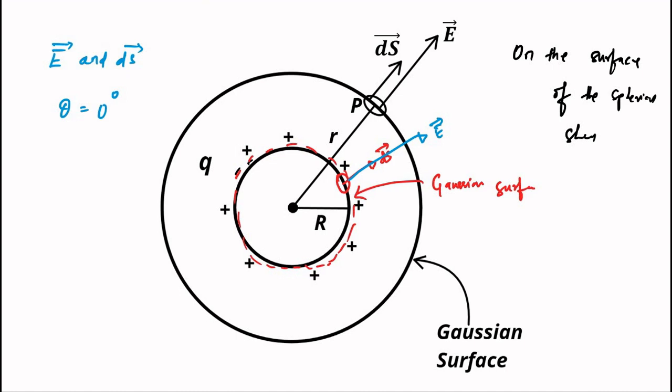Again, through the application of Gauss law, electric flux is equal to closed surface integration of E vector dot dS vector, which is equal to closed surface integration E dS cos 0 degree.